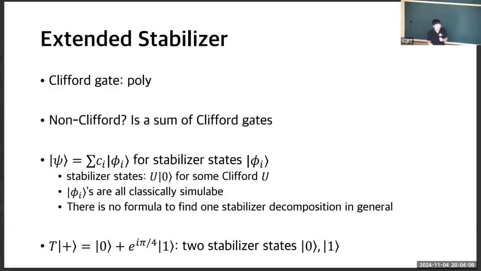So for example, T is not a Clifford gate, but we can say that plus is 0 plus e to the i pi over 4 times 1, which makes two stabilizer states added together. But I missed the square root of 2 here.